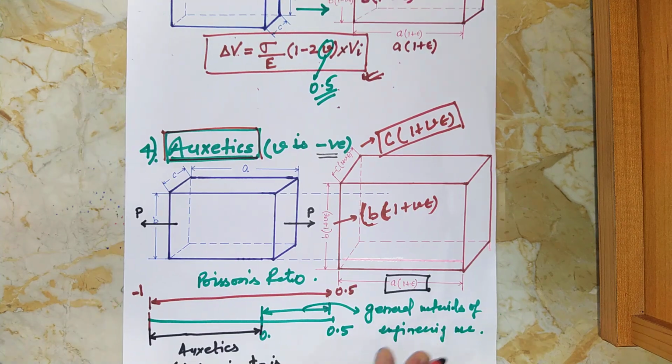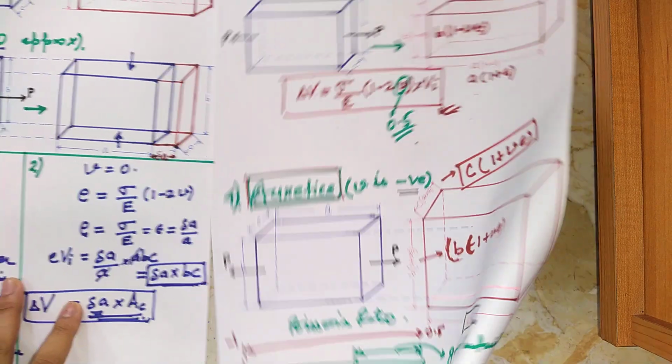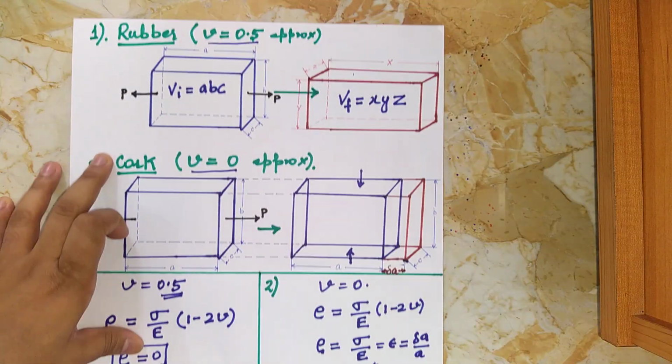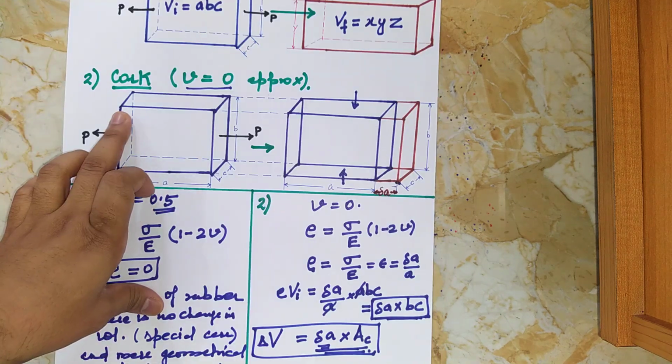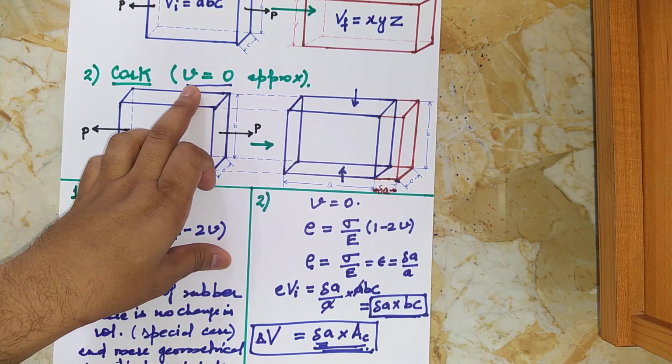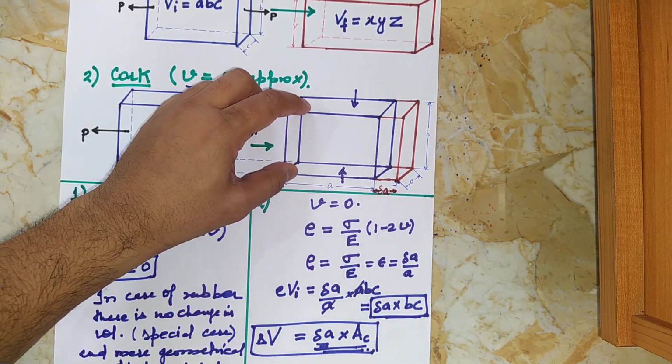So here we have seen four examples, isn't it? First was that of a rubber, in which no volume change takes place because Poisson's ratio was 0.5. Second was that of cork, in which volume change takes place due to elongation only in the axial direction and is not accompanied by contraction in the lateral direction.